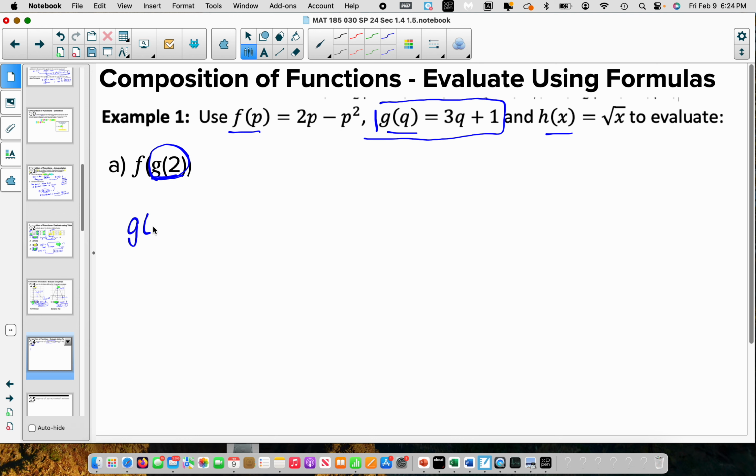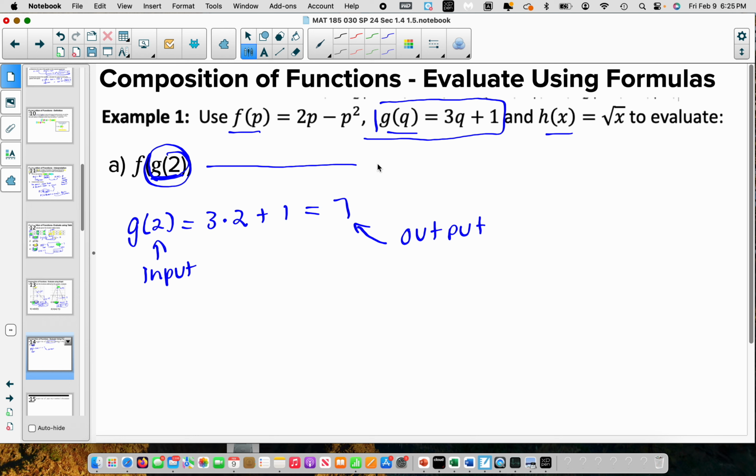So g of 2 is equal to 3 times 2 plus 1, which is equal to 7. Okay, so I input 2. My output is 7. I'm going to take that output now. All right, so because g of 2 equals 7, this can become f of 7.